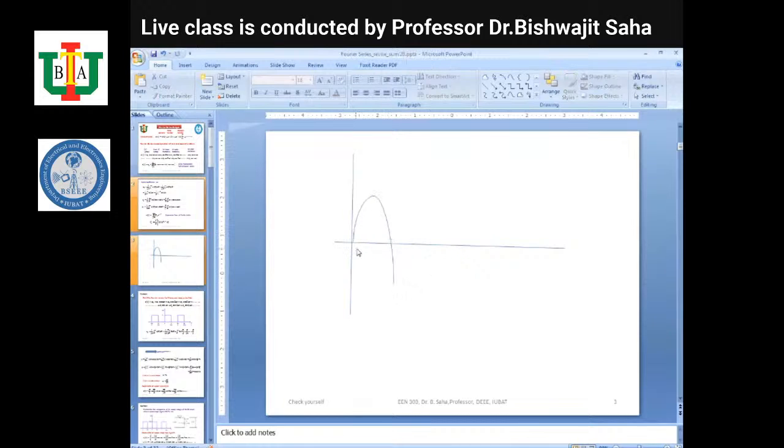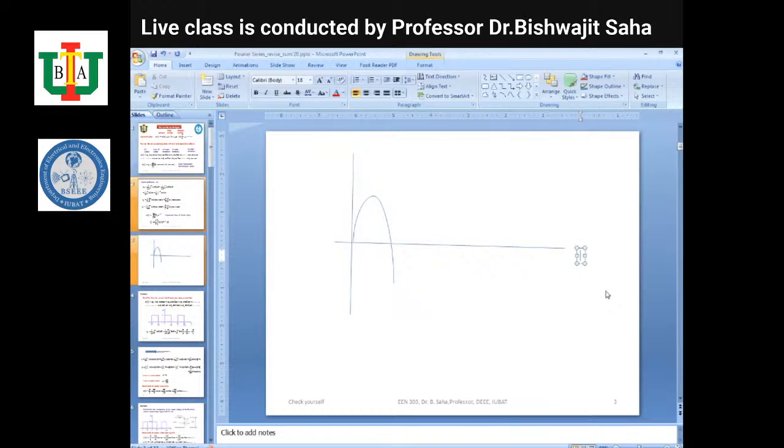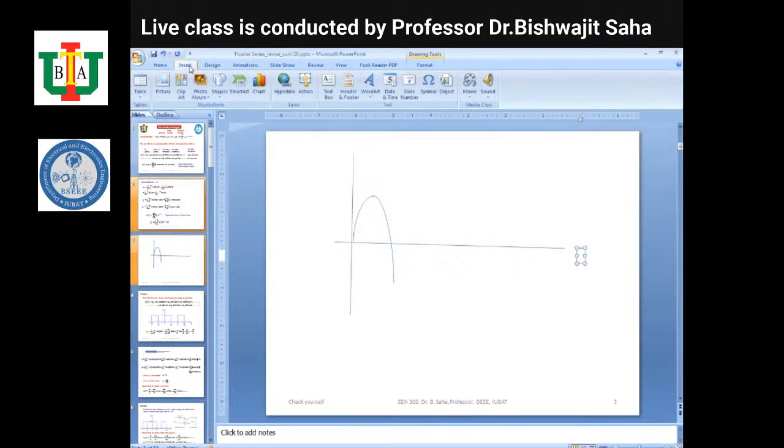Look at this point. This is the x. I just insert text, that is theta. If you consider theta, insert symbol.